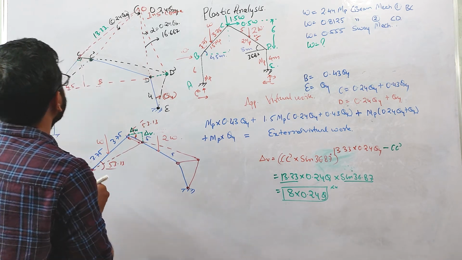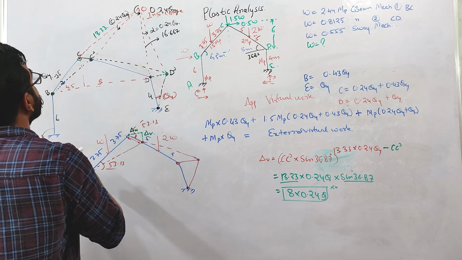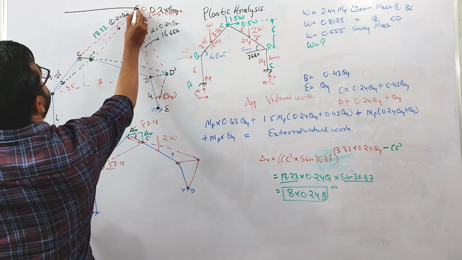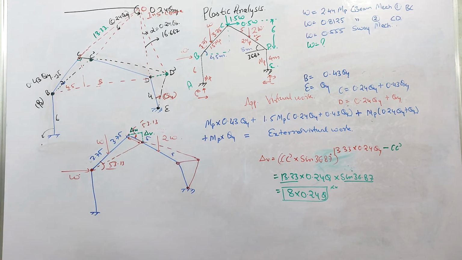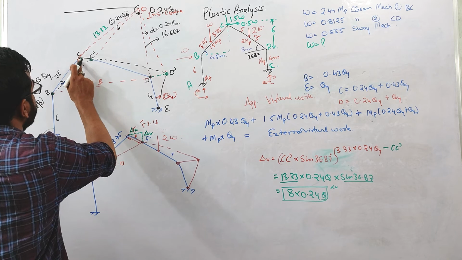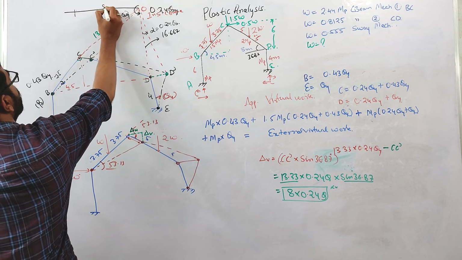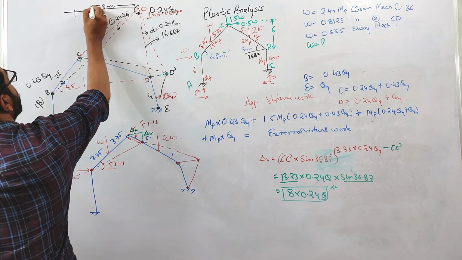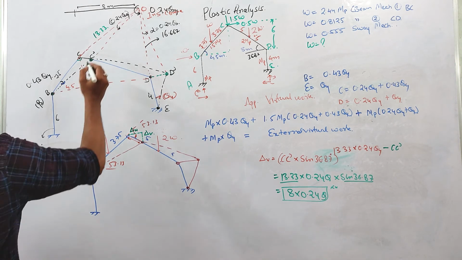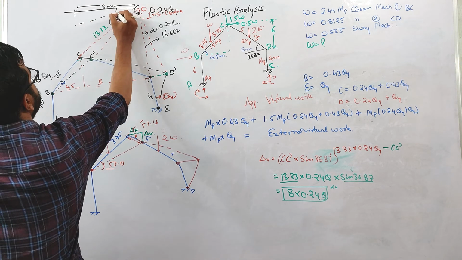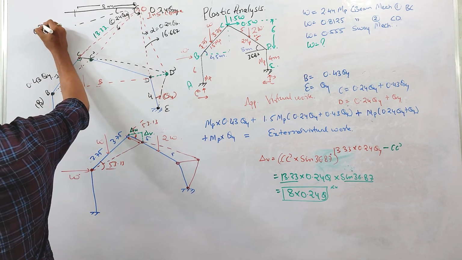Okay, so here we'll draw one line. I hope this is coming in the frame of the video. So at this point you are drawing a line parallel to this line. We need to calculate the vertical deflection of this point C. From here we'll move 8 meter distance and rotate this by 0.24 theta.